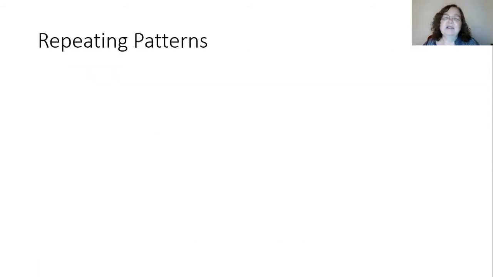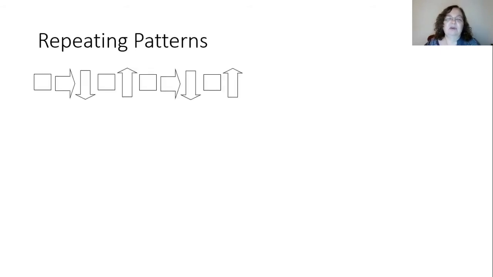So let's look at some more repeating patterns. Here is a repeating pattern. I see it does a square, a right arrow, a down arrow, a square, up, square, right, square, down arrow, square, and up. Oh my goodness.